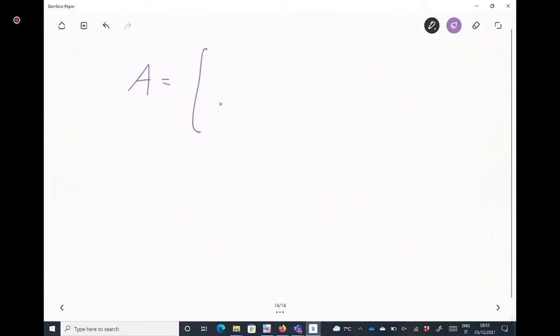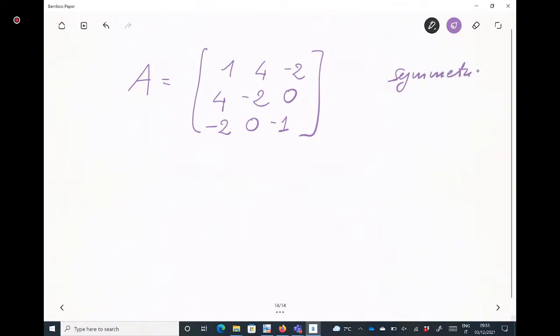It is symmetric because we have a given main diagonal, and the elements that are in symmetric position with respect to the main diagonal are equal to each other. For instance, this is a symmetric, necessarily square matrix. Symmetric matrices are necessarily square matrices.